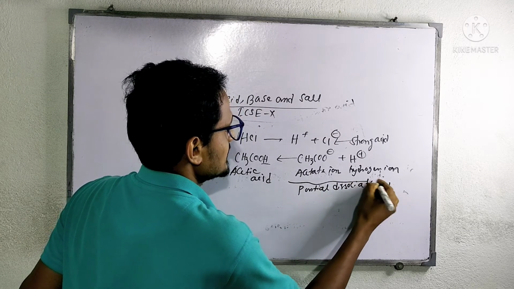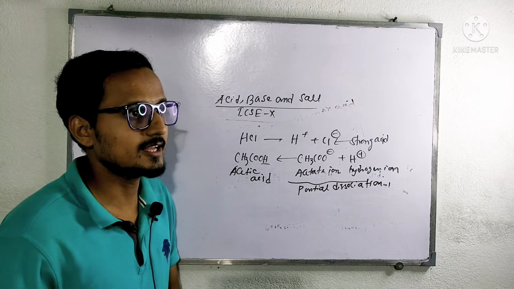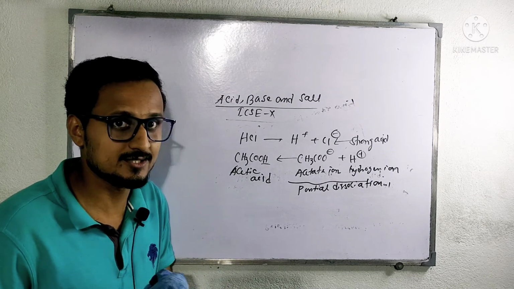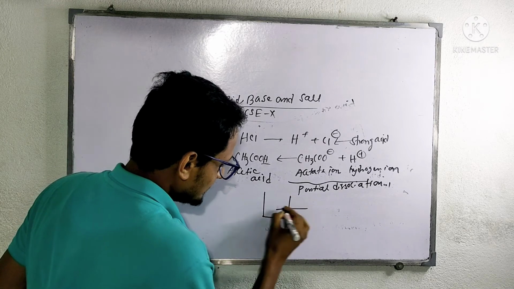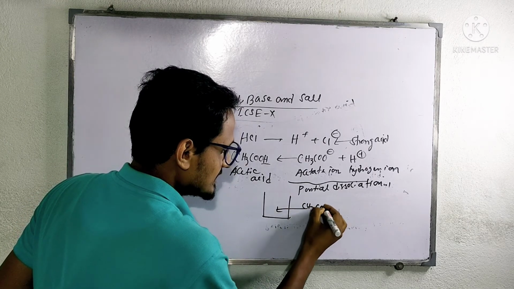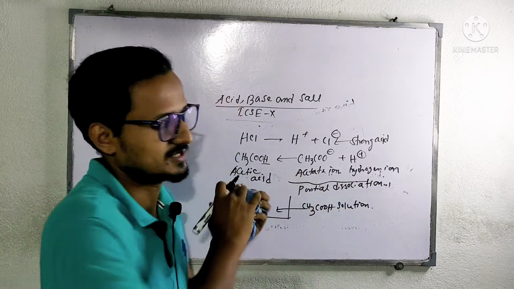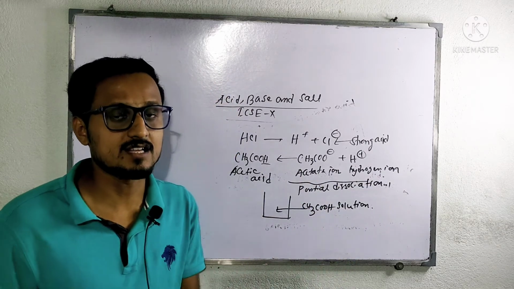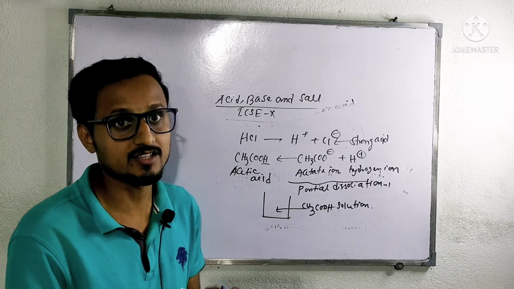Now, whenever the examiner asks you, say in the laboratory, one beaker of acetic acid is there and it is written there acetic acid solution. The examiner asks you, tell me what compounds and what ions are there.